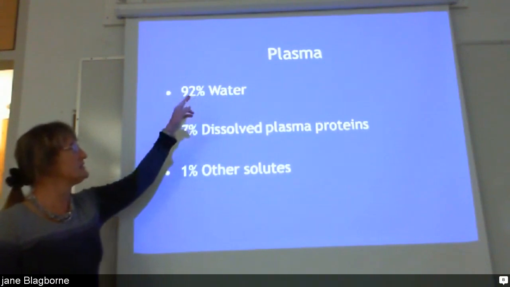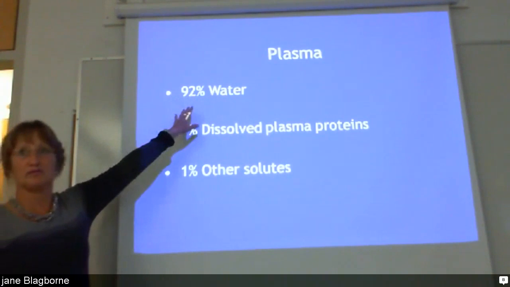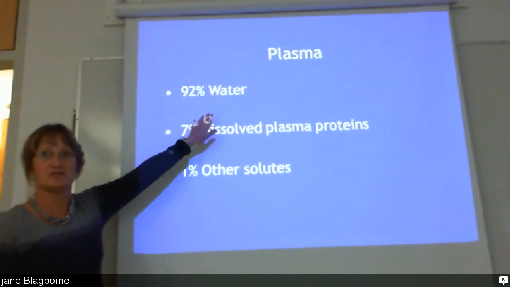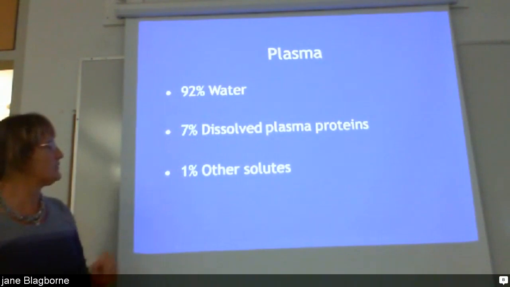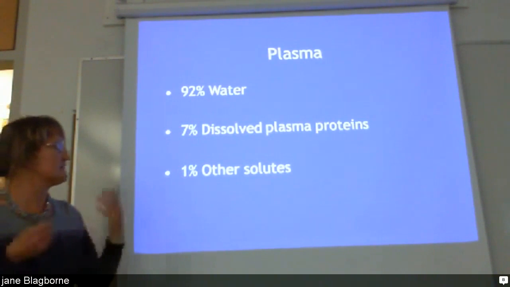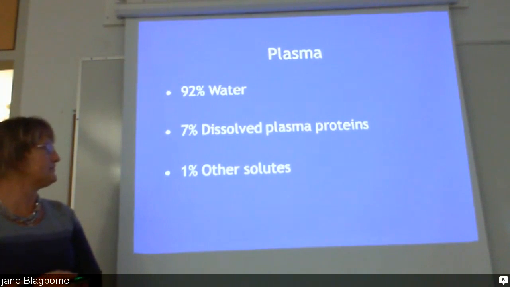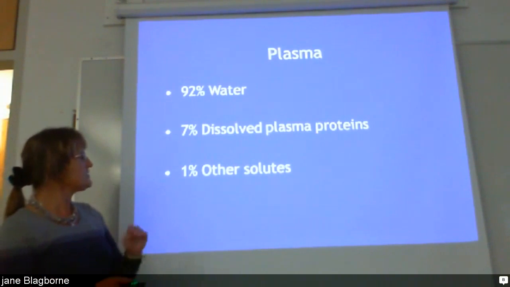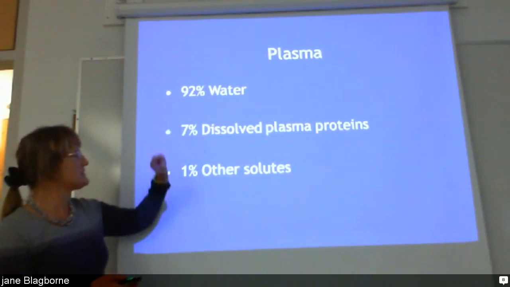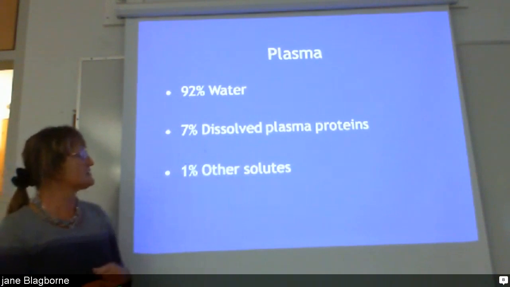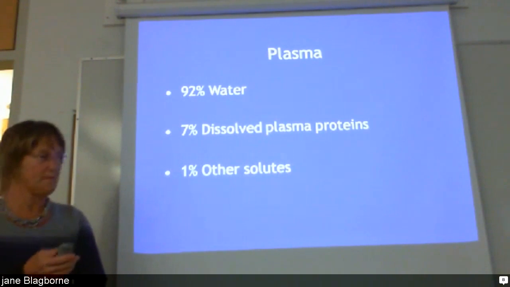It's not uncommon that they're confused, because 92% of that is just water. Dehydration really affects everybody, but the elderly especially. So the smaller part is the plasma protein and other solutes that are in the plasma.